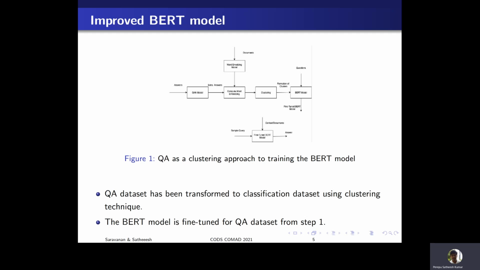For fine-tuning, we require a huge corpus of questions and answers, which is very difficult to obtain in many domains because it also involves cost. So what we did was collect a limited question answering data set and pose it as a classification data set using clustering. Once the clustering is achieved, we fine-tune the BERT model on this classification data set, and we observed good results, which we will discuss.